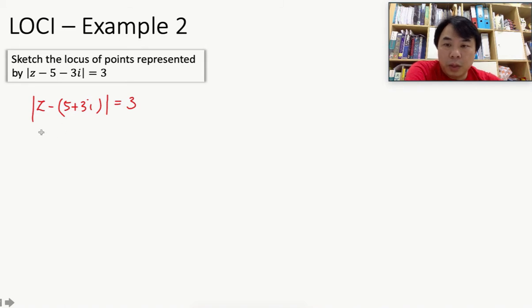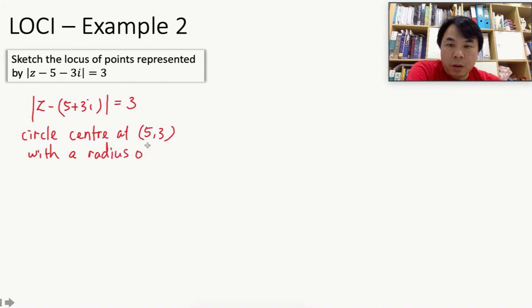So here we can conclude that this is a circle centered at this point (5, 3) with a radius of 3 units. Okay, so that's how the circle would look.